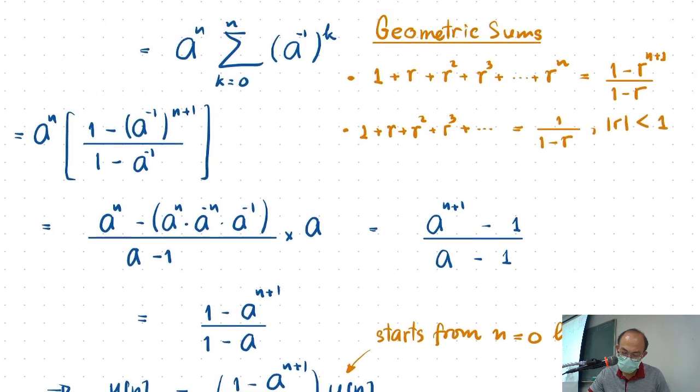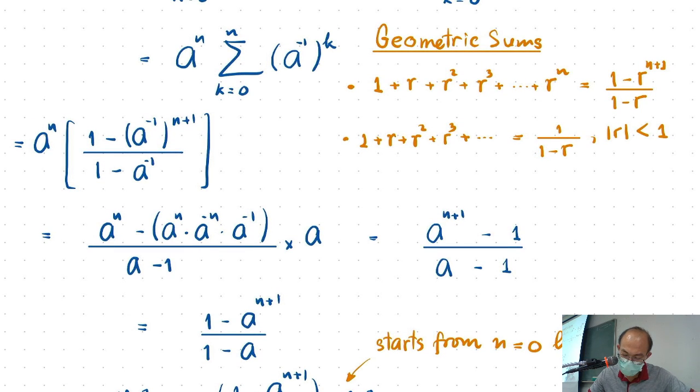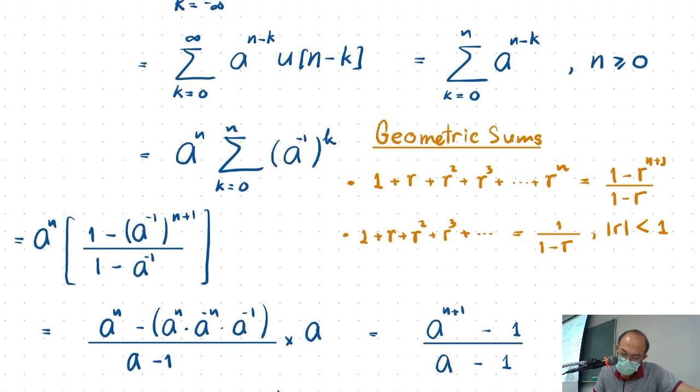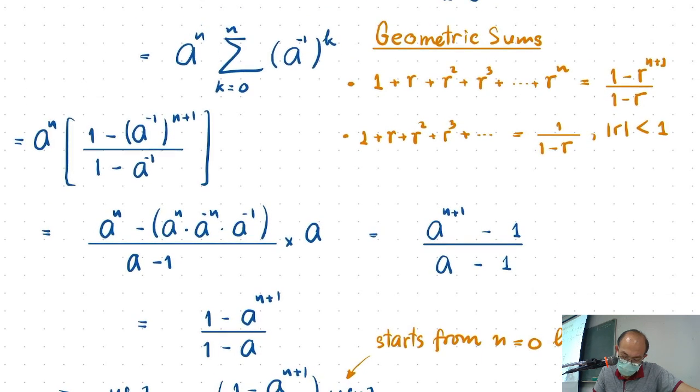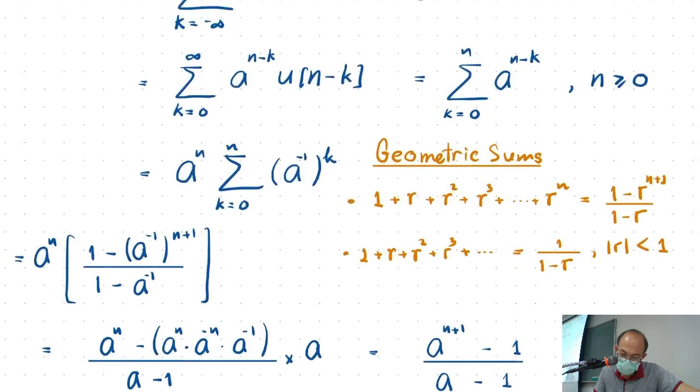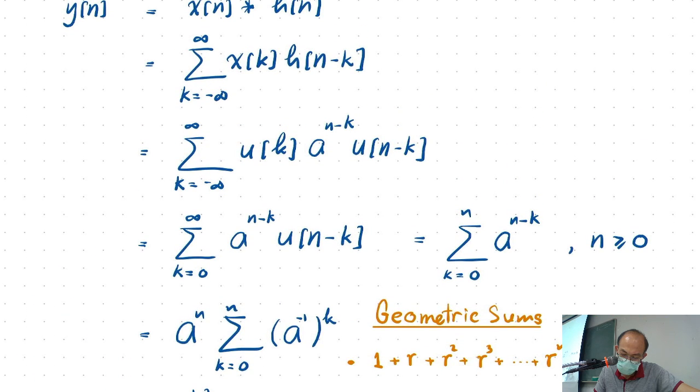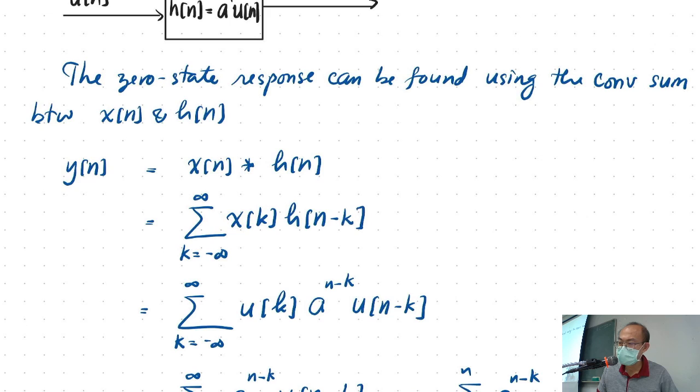Let me go back a little, see whether something's wrong. Here, a to the n minus 1.